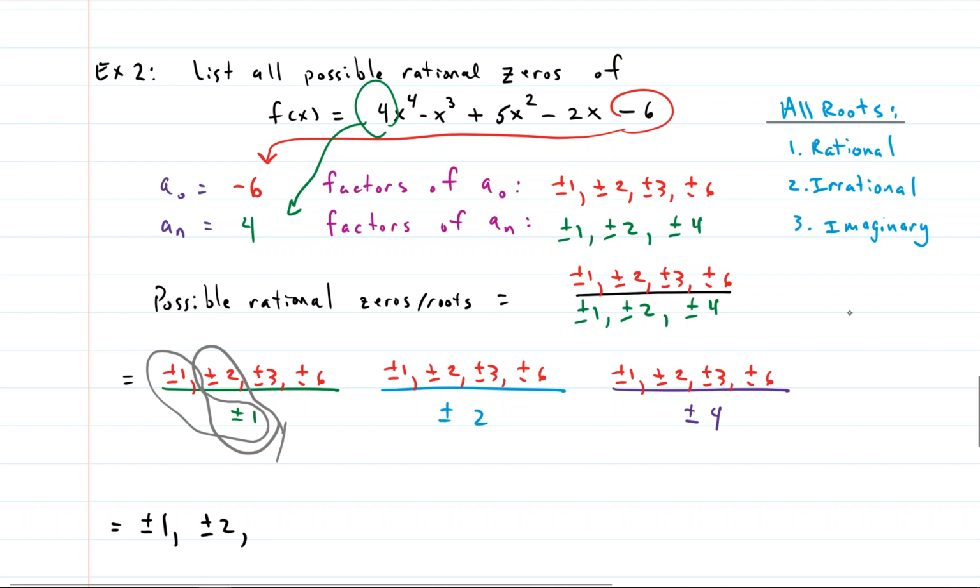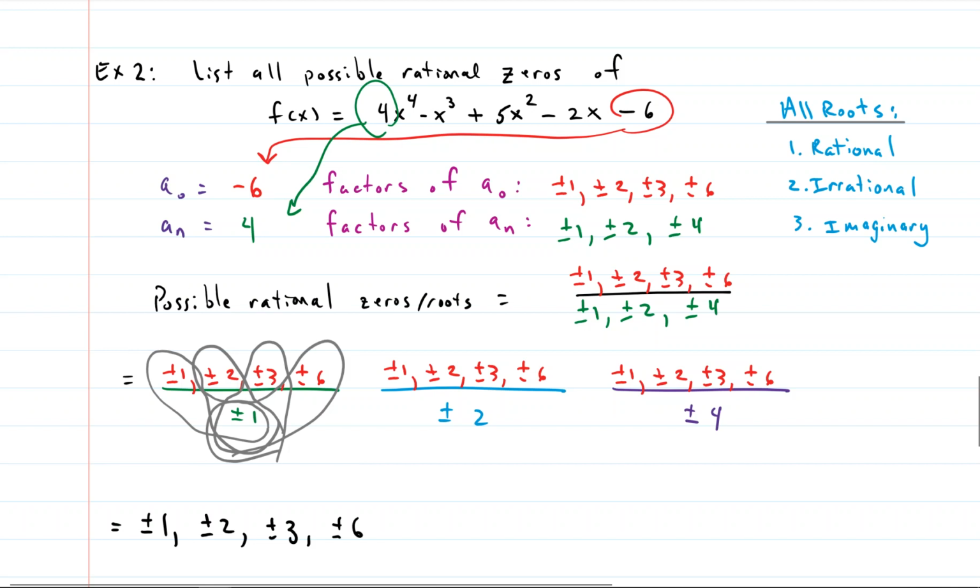Next option, that gives us plus or minus 3. And next option, the last pair for this, that gives us plus or minus 6. All right, first one's done.